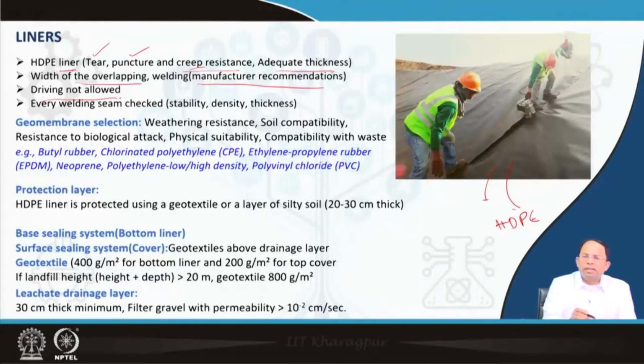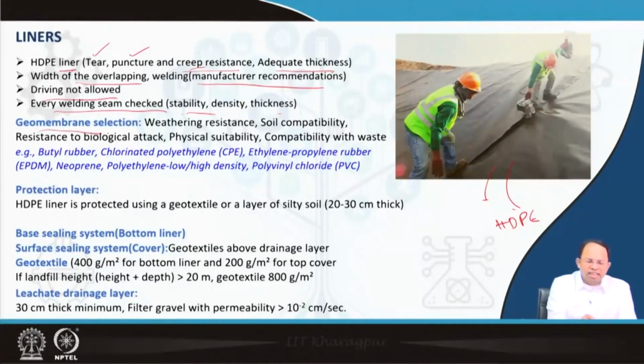Then we should not be driving on these liners. Once the liner is laid, we cannot drive on it directly. We cannot run vehicles because it will definitely tear the liner. Every welding seam needs to be checked, and also for stability, density, and thickness, so that there is no leakage, right?